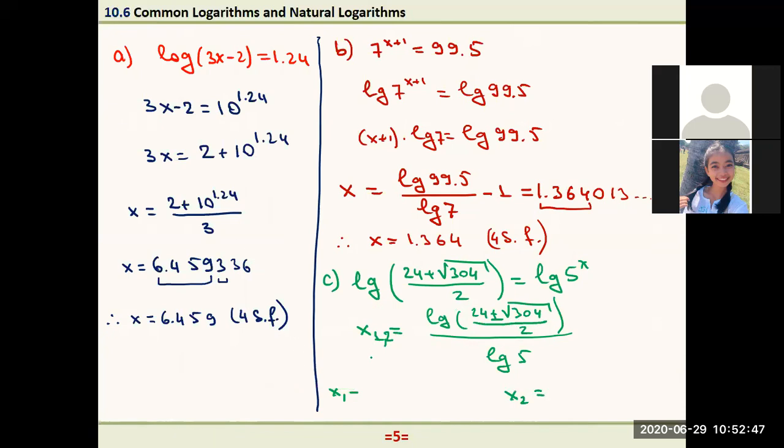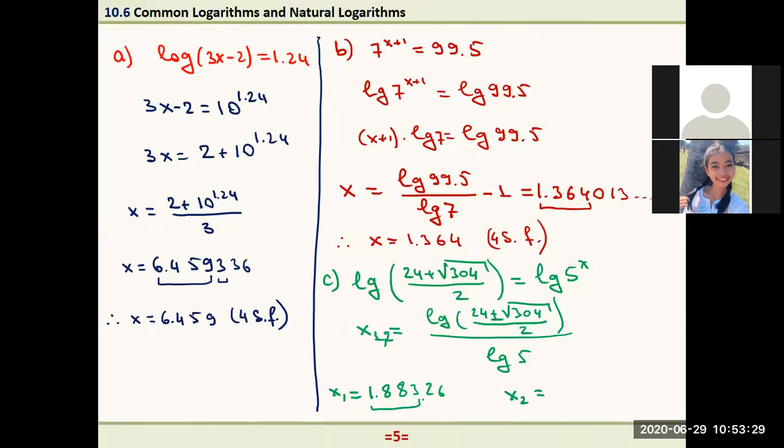Okay. So let's evaluate x1. x1 is, here we have a fraction and common logarithm of, again, another fraction, 24 plus square root of 304 over 2, and close the brackets, over common logarithm of 5, equals 1.88326, but correct to 4 decimal places, 1, 2, 3, 4.